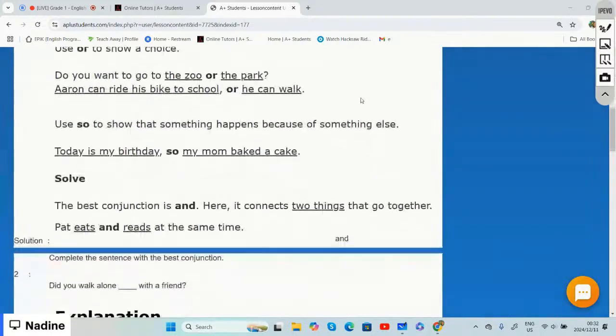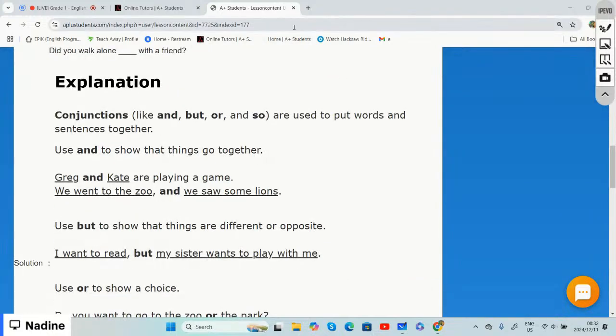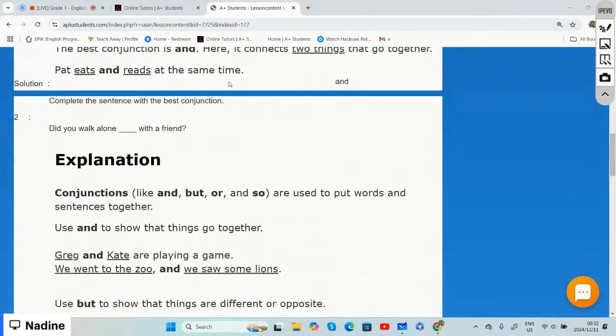All right. So now we're going to look at another example, right? A sentence. And we need to put in the best conjunction. Remember, conjunctions are words that either join words or join sentences.